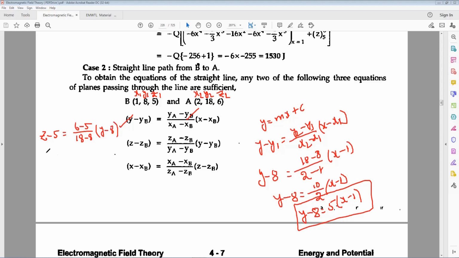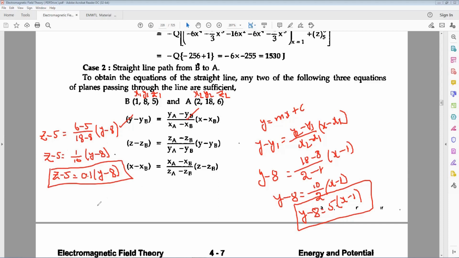So z minus 5 is equal to 6 minus 5 is 1, 1 by 10 into y minus 8. That is z minus 5 is equal to 0.1 into y minus 8. Okay, this is another equation, the z relation with y.